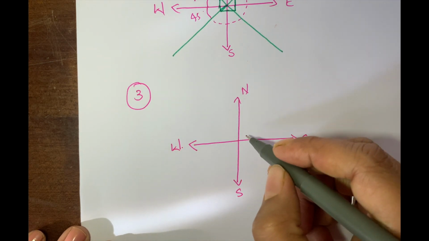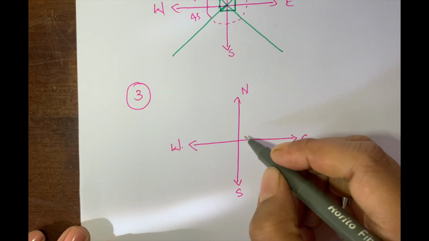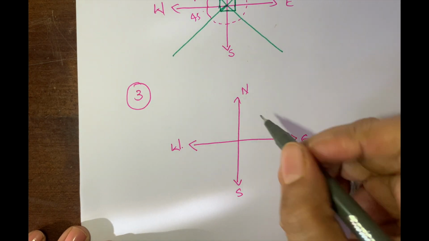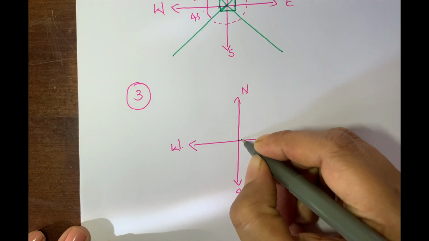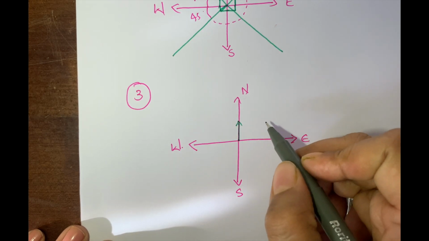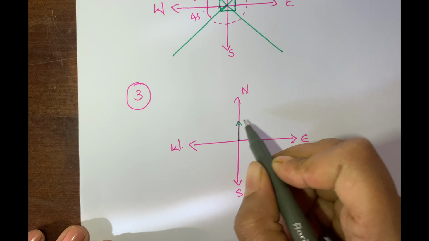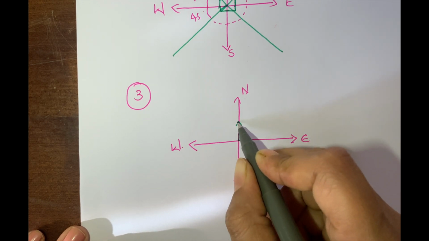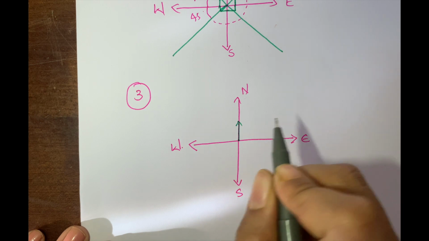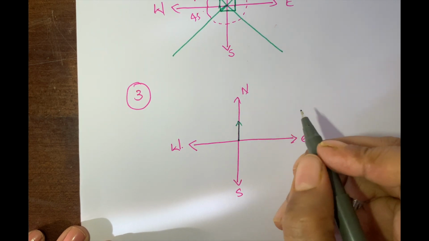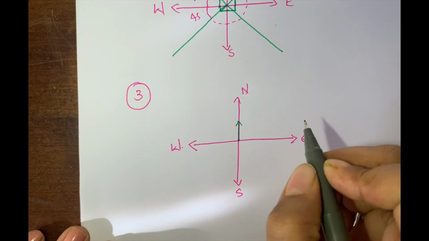If in the question they say, as I had said earlier, that a person is walking towards north, it means that he is moving in this direction. And then if he turns right, without mentioning any angle, if they mention only right, then it should always be 90 degrees.